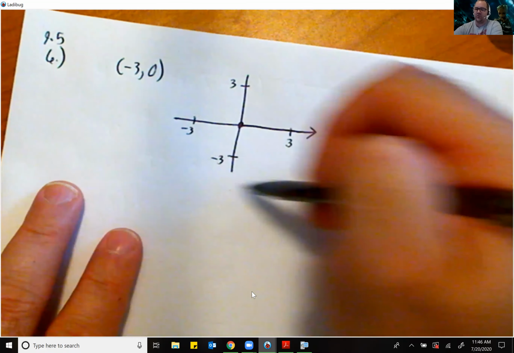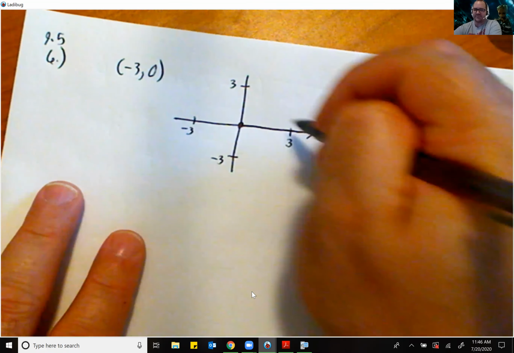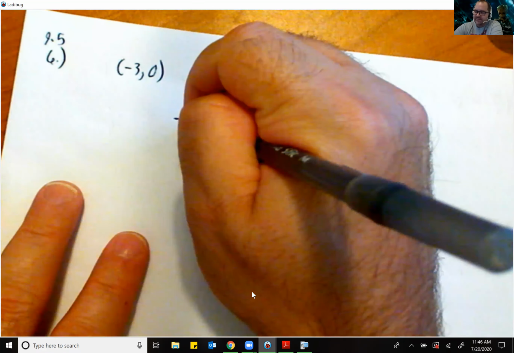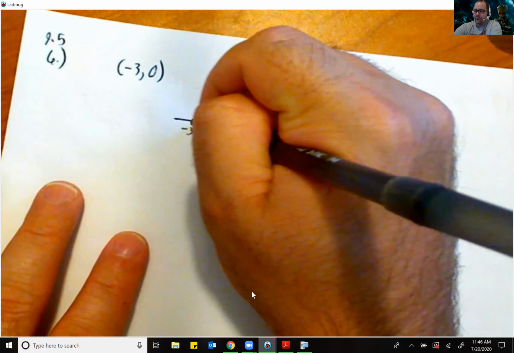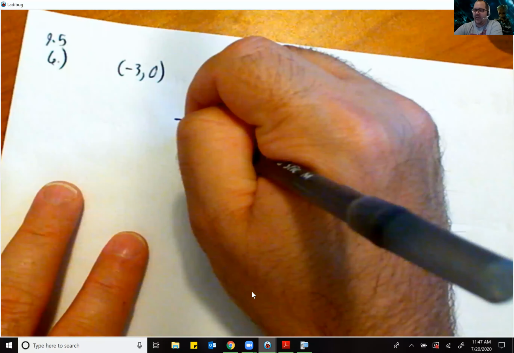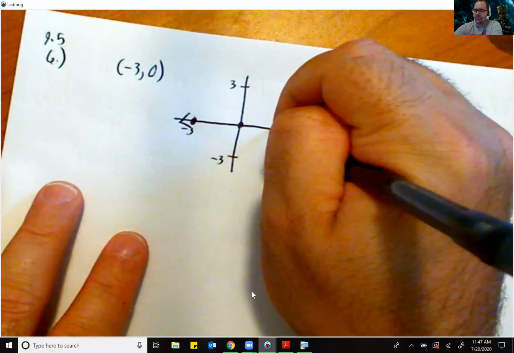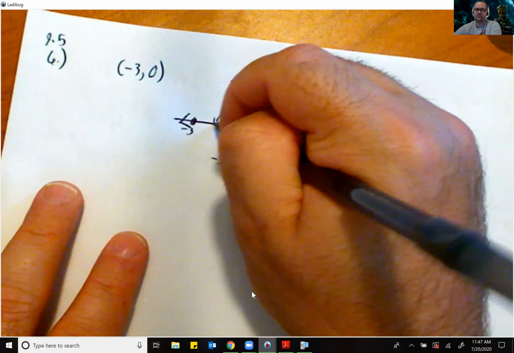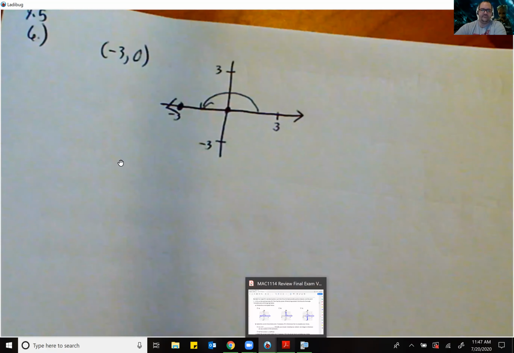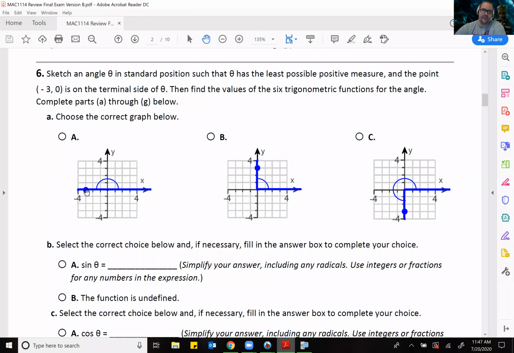So all we have to do is plot this point. So there is the terminal ray, and the angle should have rotated like that. So we need a picture that looks like this. And that would be A. It's the only one that actually has -3, 0 graphed anyway. So there we go.